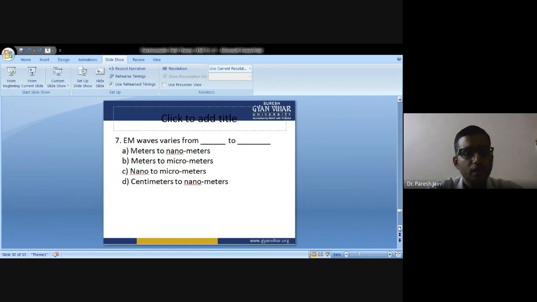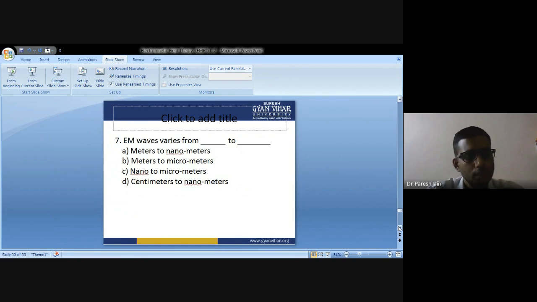Question number 7. EM waves vary from dash to dash. A, meters to nanometers. B, meters to micrometers. C, nanometers to micrometers.